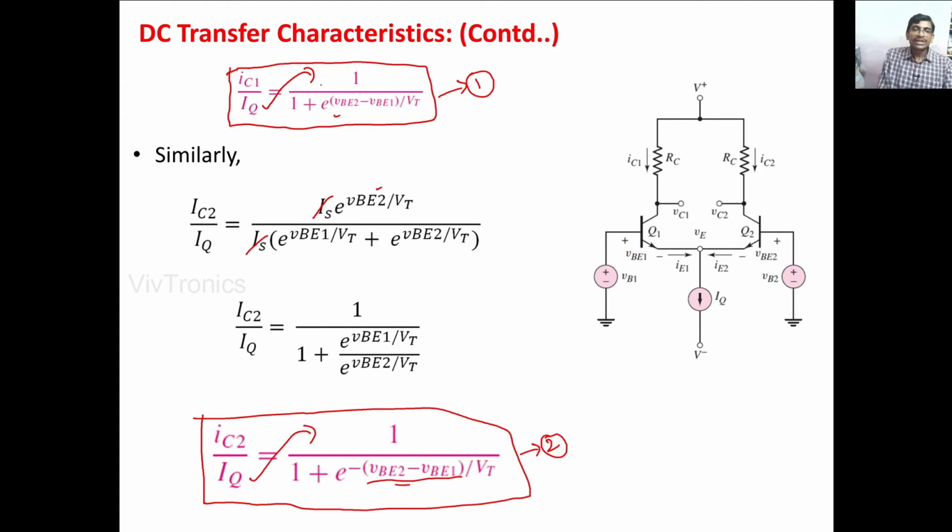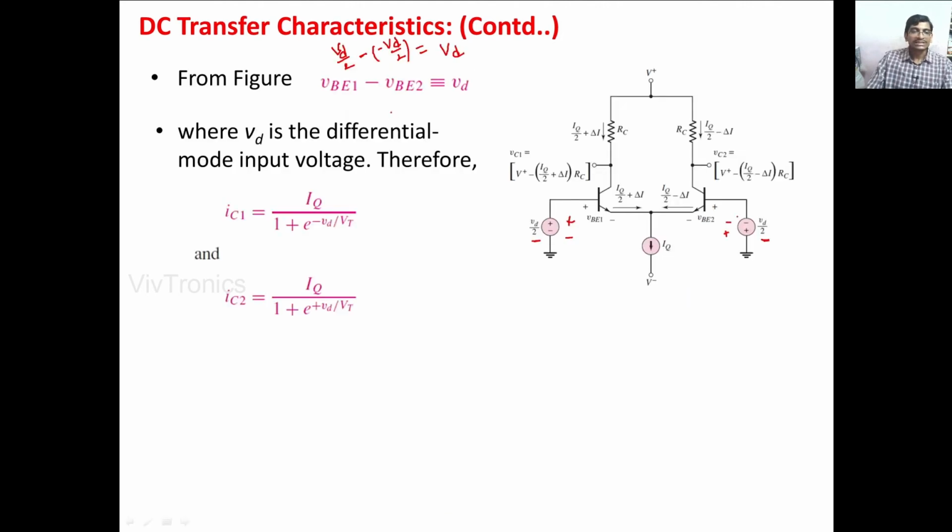So here VBE2 minus VBE1 can be given as VD, the differential input voltage. Okay, so IC1 will be equal to IQ by 1 plus e power minus VD by VT, and similarly the IC2 current can be given as IQ divided by 1 plus e power plus VD by VT. These are the two collector currents of the transistors Q1 and Q2.